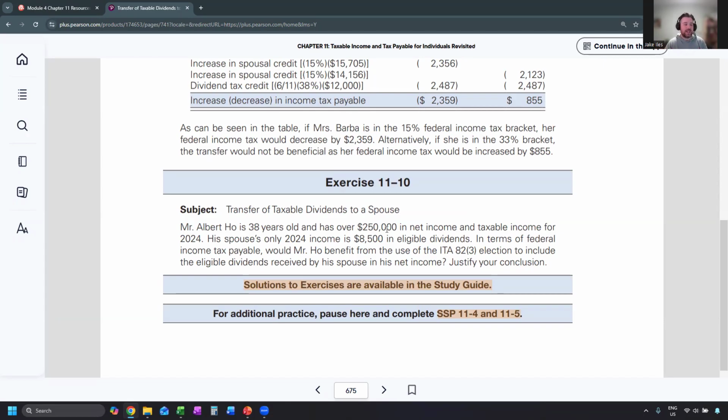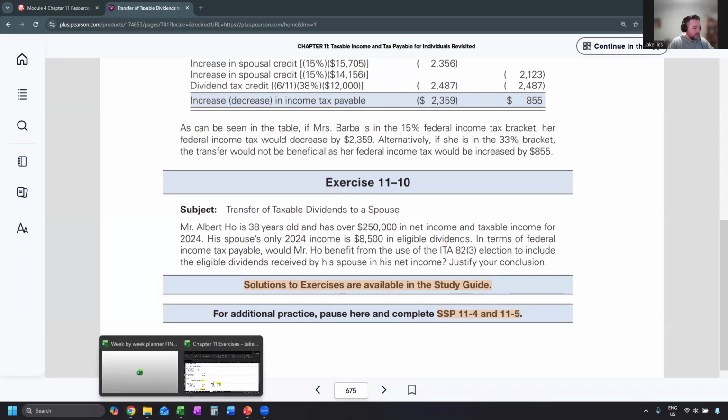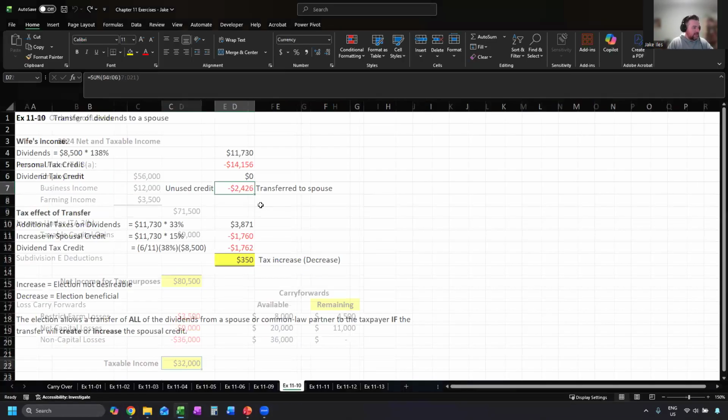So that's what we'll look at. If the benefit of the credits is more than the additional taxes, we want to make the transfer. If the additional taxes are too high, then we might as well just leave it in the spouse's name and accept that we missed out on those dividend tax credits. So we will look at that comparison.